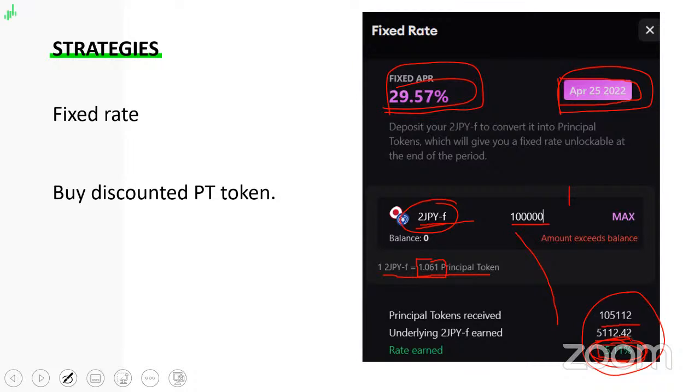So if you have 2 JPY, it's actually more interesting to sell them, to buy the PT token, and to wait until the 25th of April to exchange the PT token for Japanese yen with 5% of profit, which will translate into almost 30% APR for a year.